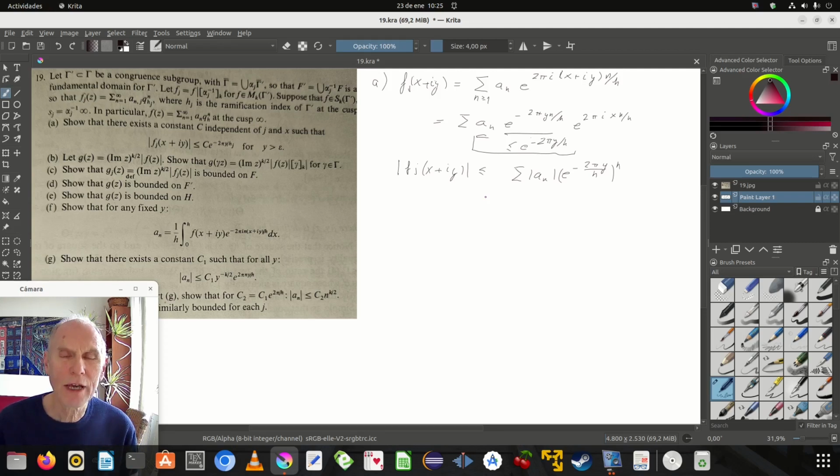Well, let's look at the a_n. They come as Fourier coefficients. I'll just have to find the exact formula. It's modulo h, so we go from 0 to h.